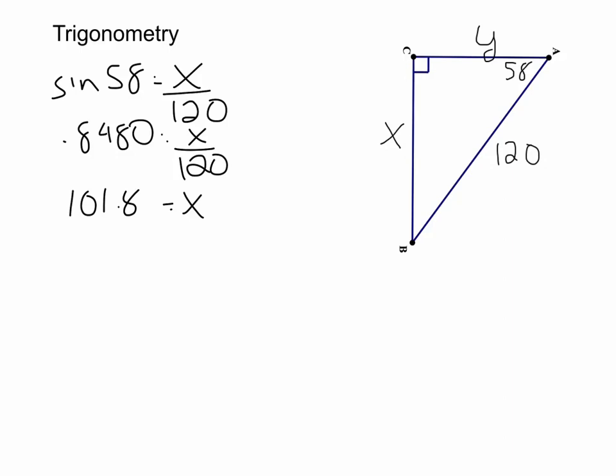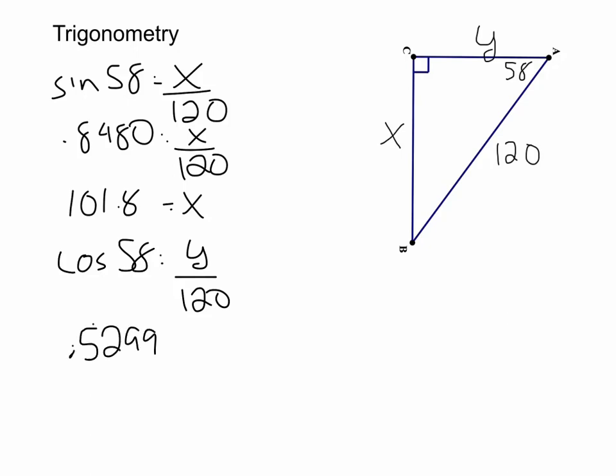Now, let's solve for y. In relationship to 58 degrees, y is adjacent, and then we have the hypotenuse, so we're going to use cosine. So cosine of 58 equals adjacent over hypotenuse. Cosine of 58 is 0.5299.